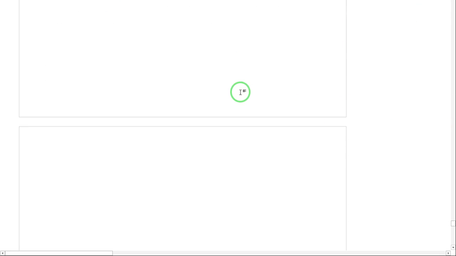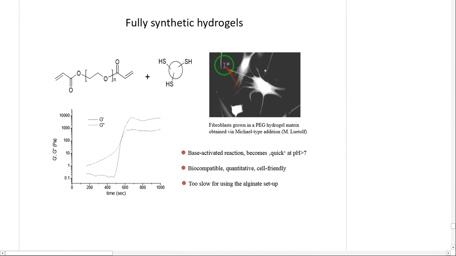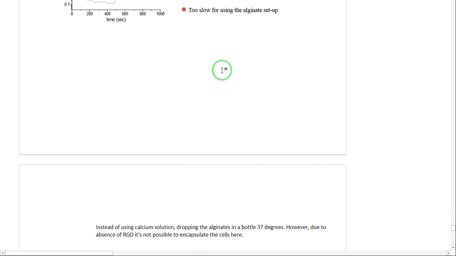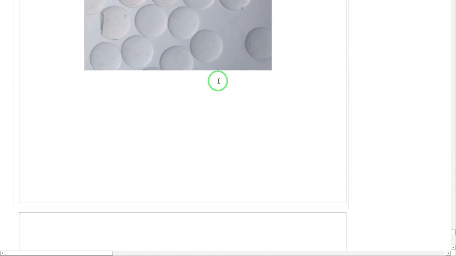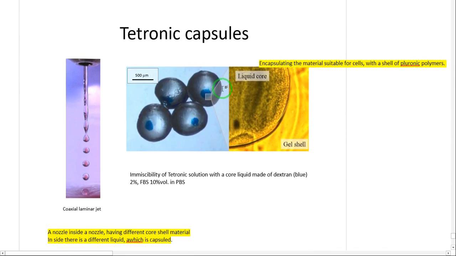Well, the last few slides are not going to be that important. Just let me jump to this slide, and you see here that a concentric nozzle has been used, which contains two materials inside. As you see here, the red one and another one around it.